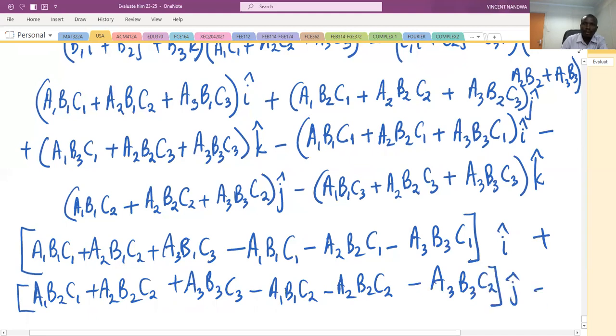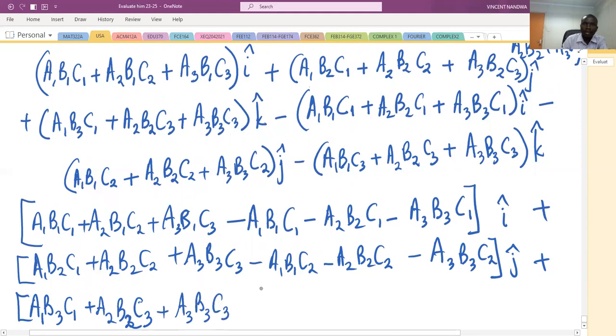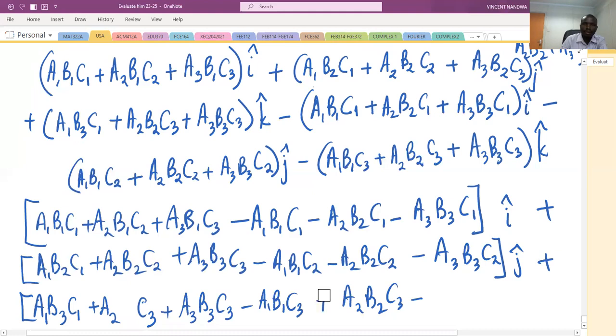Then plus for K, have this as A1 B3 C1 plus A2 B2 C3 plus A3 B3 C3, and then all these are negatives, negative A1 B1 C3 plus A2 B2 C3, this minus because there's negative outside here.